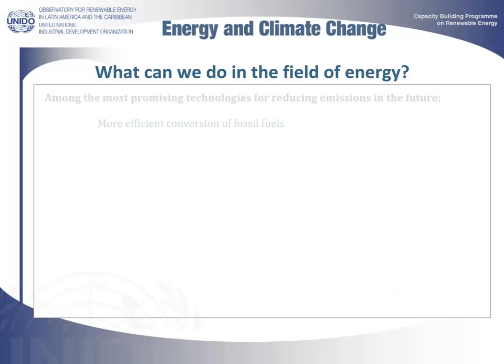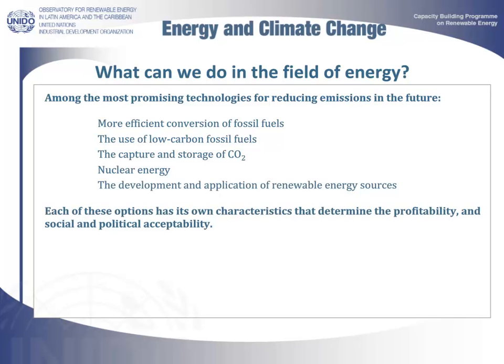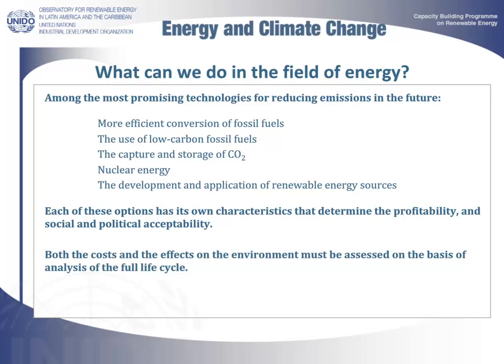In the field of energy, we distinguish between the technologies with the greatest impact on the reduction of emissions as follows: more efficient conversion of fossil fuels, use of low-carbon fossil fuels, capture and storage of CO2, nuclear energy, and the development and application of renewable energy sources.